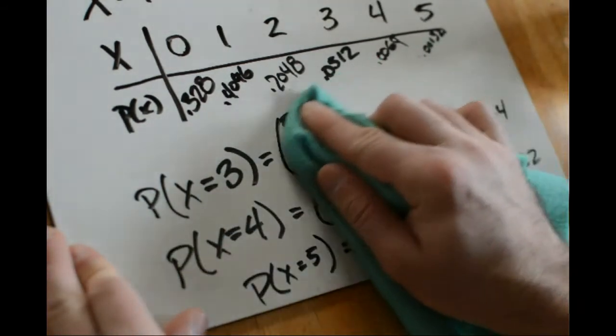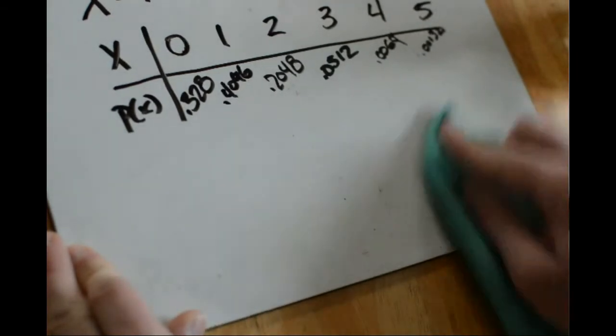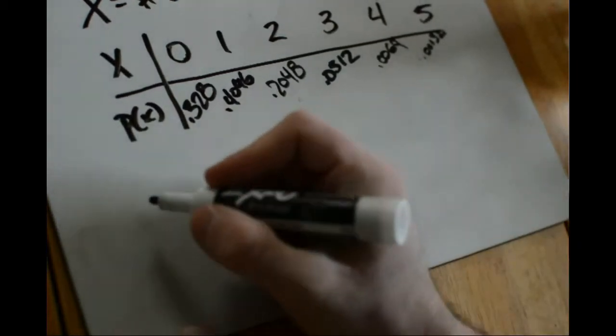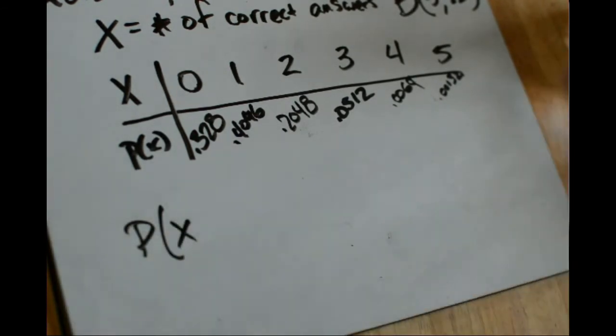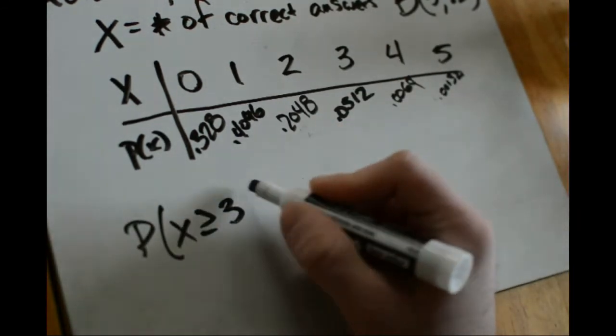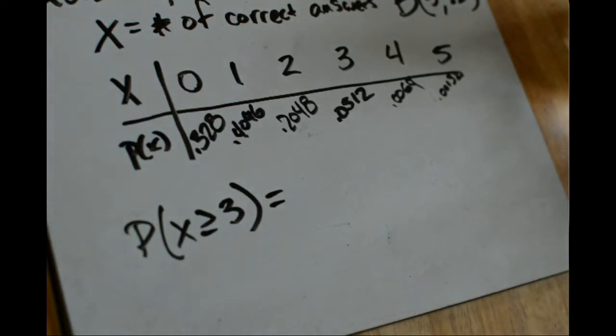Now that we have this broken down in a table, we can answer some questions about probability. So for example, what is the probability that you get at least 3 questions right, greater than or equal to 3? That would be passing. That would be a 60%. It would be a D, but it would be technically passing. So what's the probability that we see exactly 3 or more?